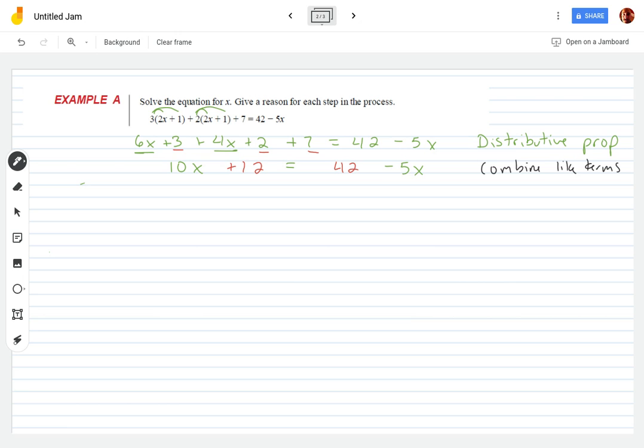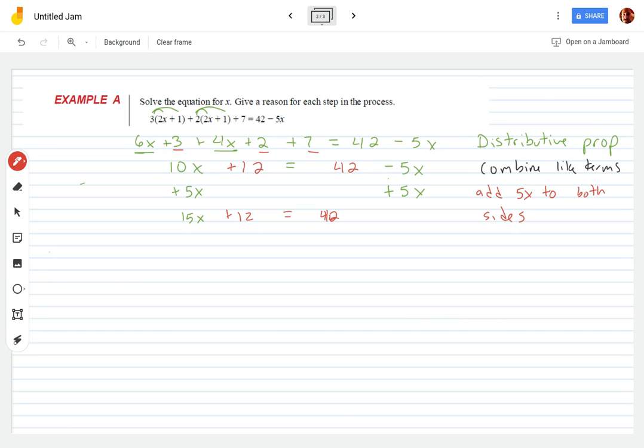Okay, so now let's get all the x's on one side. I would add 5x to both sides, and I get 15x plus 12 equals 42. And what says that we can do that? We can add 5x to both sides, right?